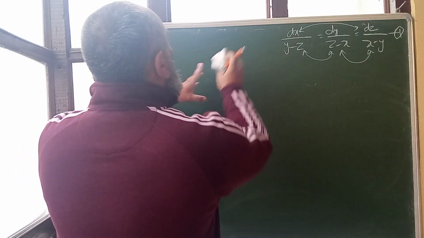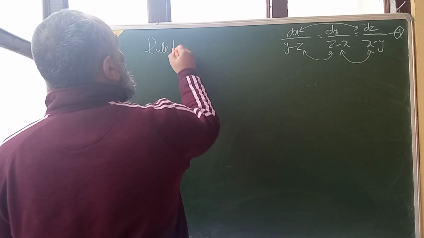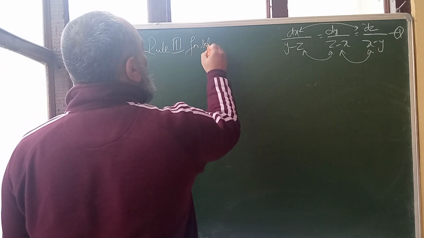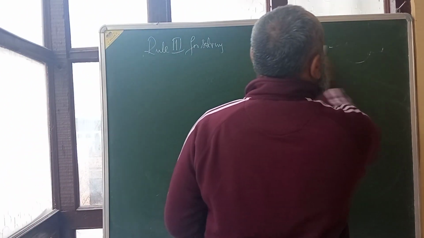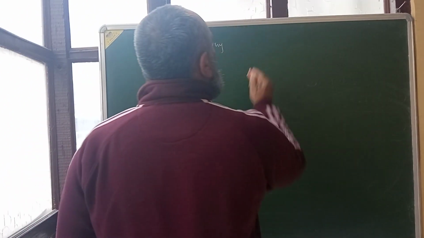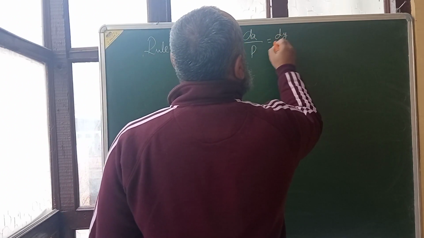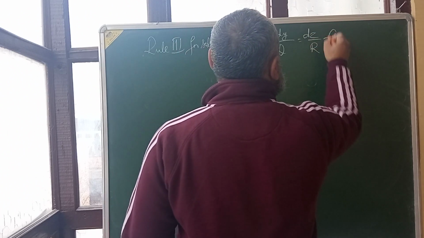Okay. Now rule third. Let me tell you rule third. For solving dx/p = dy/q = dz/r, this is 1.